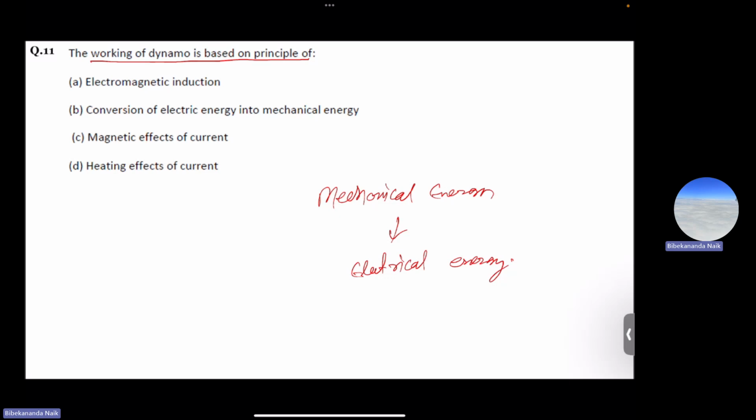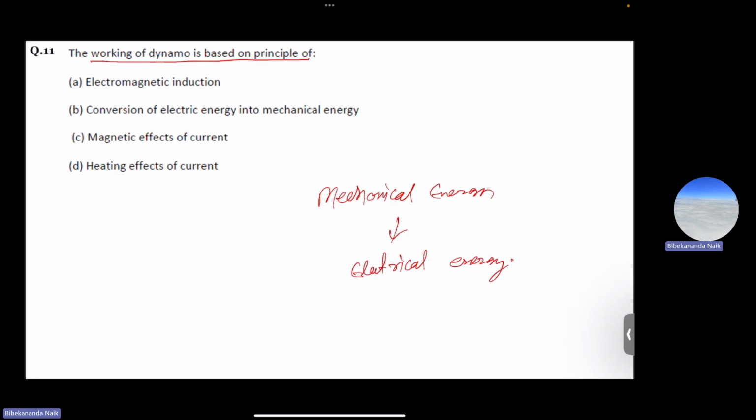Dynamos are sometimes used in bicycles with a light. When you touch the dynamo to the cycle's wheel and you cycle, the dynamo rotates with the friction of the wheel, and the light turns on. The coil rotates mechanically in a magnetic field.